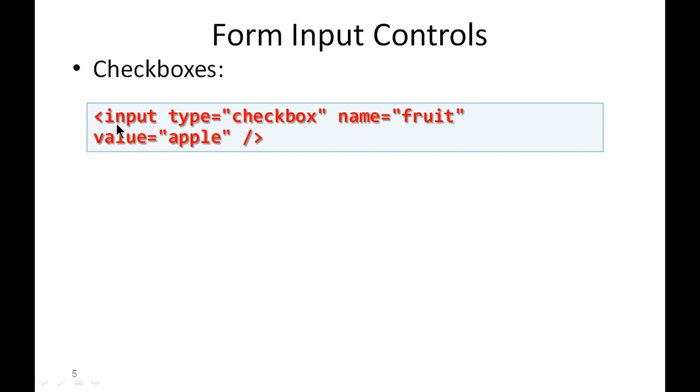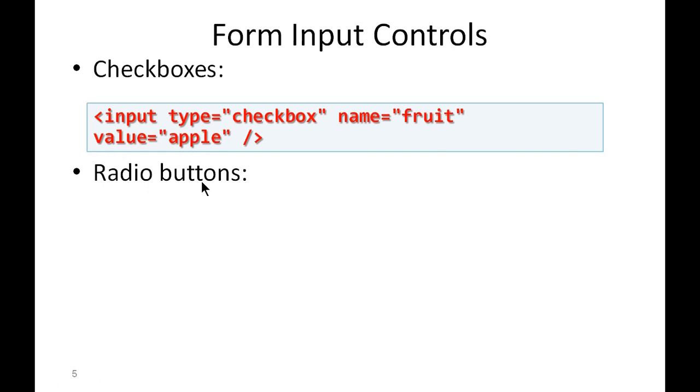Again, input tag opening, type is equal to checkbox, name is equal to fruit, value is equal to apple. So what will happen? A checkbox will be created, and before it the name will be fruit and its value will be apple. So that checkbox will have the value apple in it. Okay.